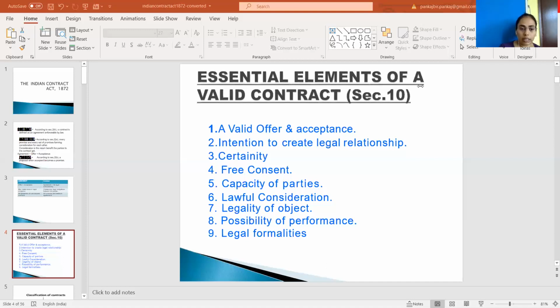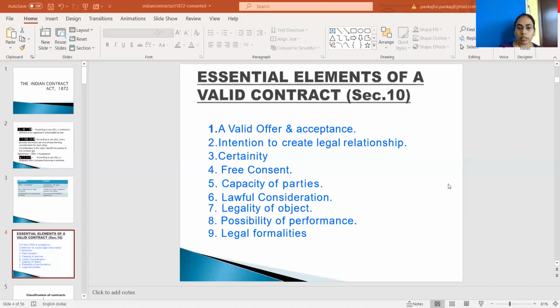And third, the person should not be disqualified from contracting by any other law imposed on him. So if any other law does not allow the person to enter into a certain kind of contract, he is not eligible or capable of making the contract. So capacity of party means every party or every person entering into a contract should be capable of making a contract.